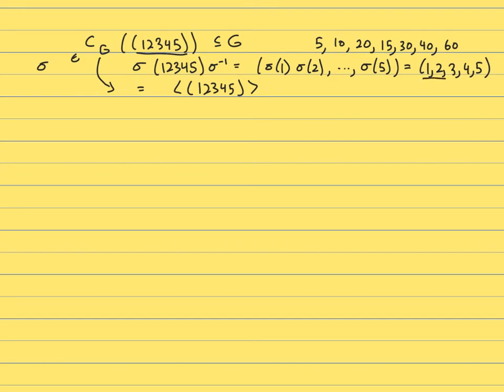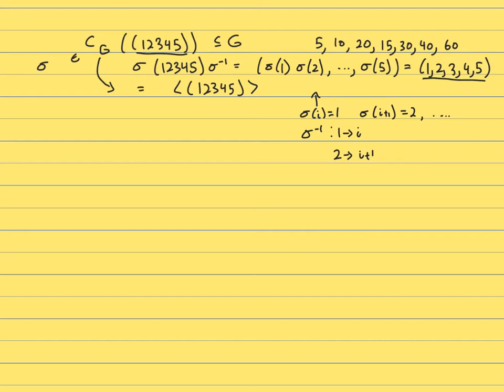Because in order for this to be true, one of these sigma i's has to be equal to 1. And then you see that sigma i plus 1 has to be equal to 2, and so on. And so you immediately see that this bijection, its inverse has to be given by sending 1 to i, 2 to i plus 1.